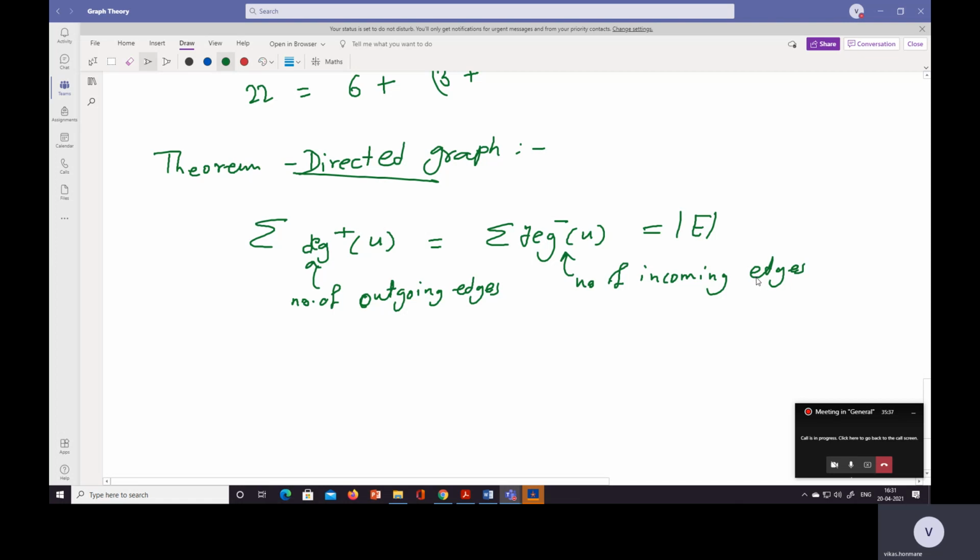And it follows both sums equal the number of edges in the graph. So when we consider this out degree, in degree, it is equal to the total number of edges in the graph. Okay, so this is in degree, out degree, it is equal to the number of edges in the graph.